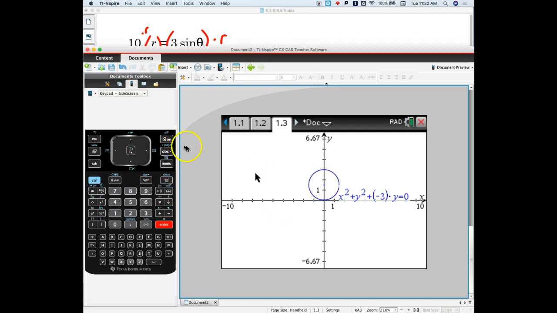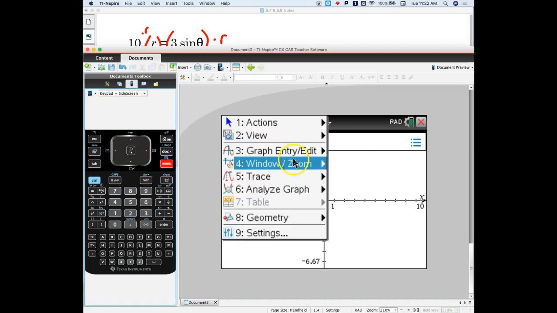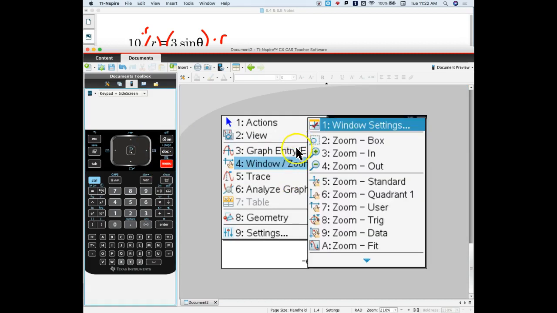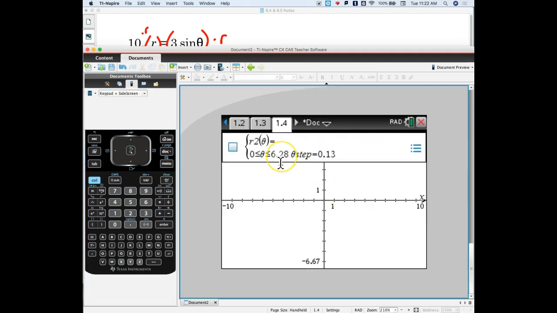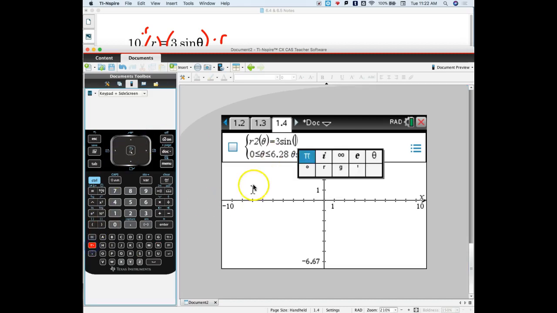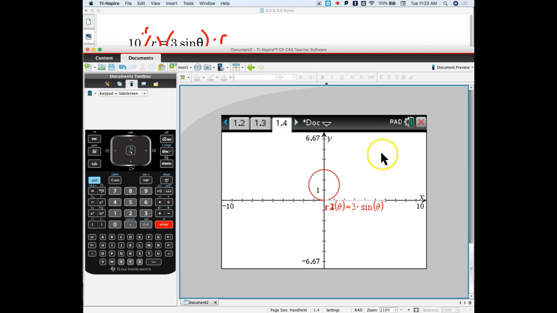Now, polarly wise, again, I go into my graph and entry, that one, polar, and I'm going to go 3 sine of theta. Then I get the same thing.